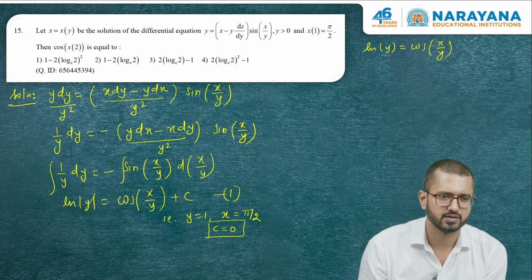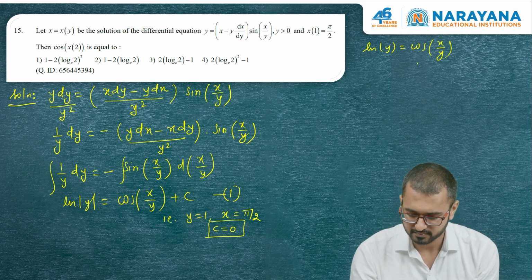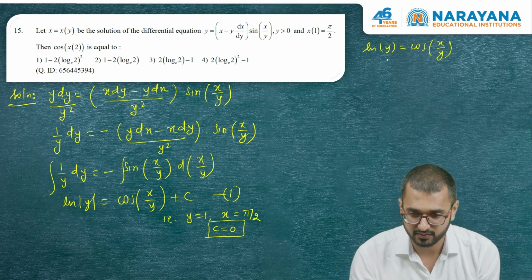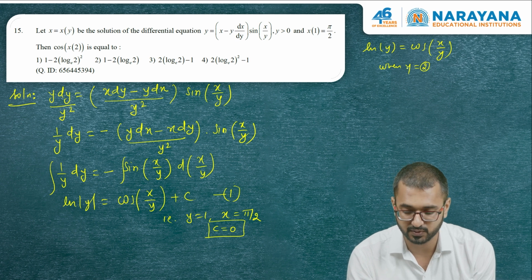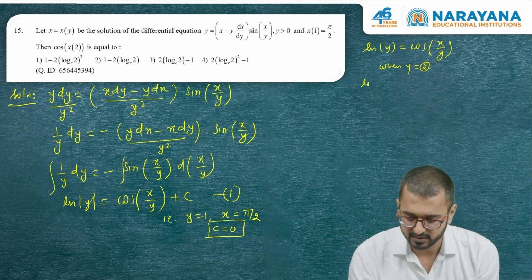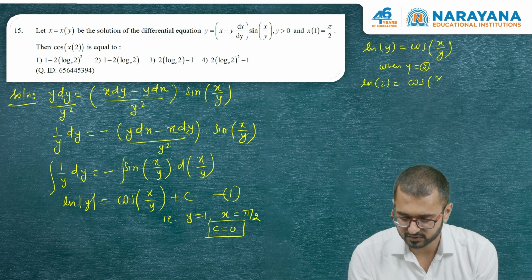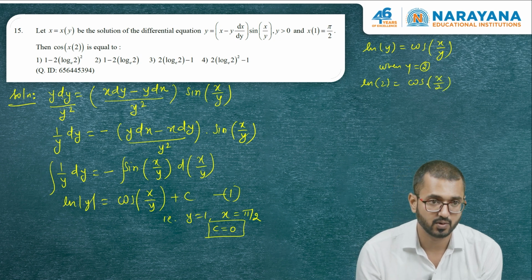We need the value of cos of x of 2. That means x of 2. So when y is equal to 2, we'll set the value as y equal to 2. So I'll be getting ln 2 is equal to cos of x over 2. But they want the answer cos of x of 2.